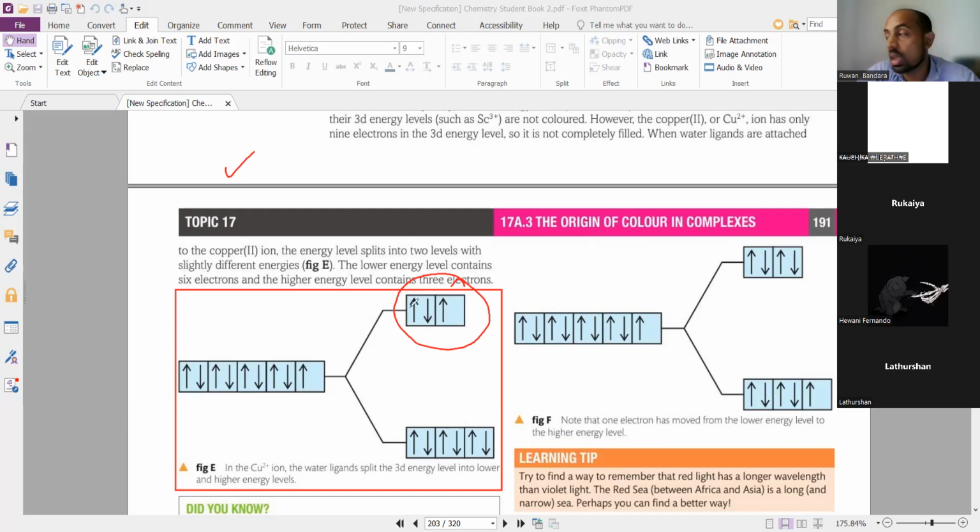And the last point, color complementary to the absorbed color can be seen.